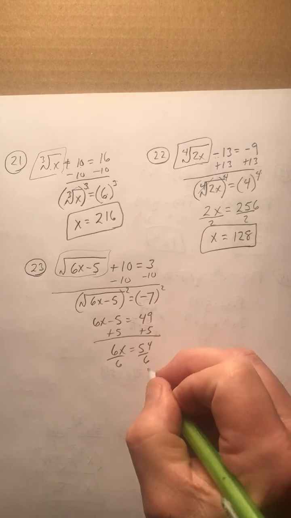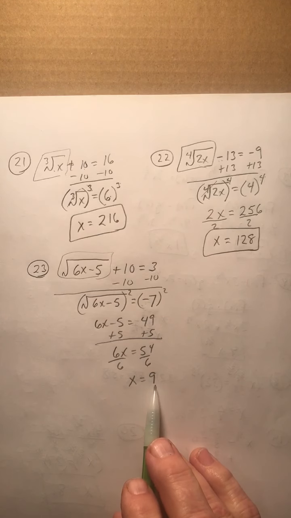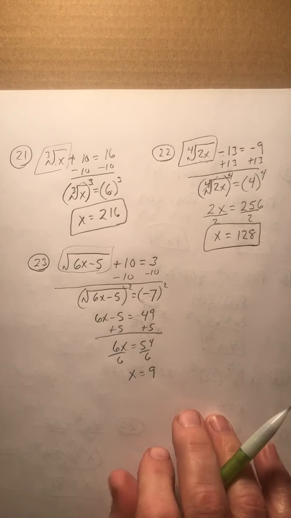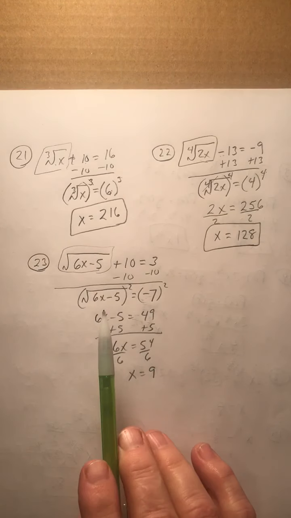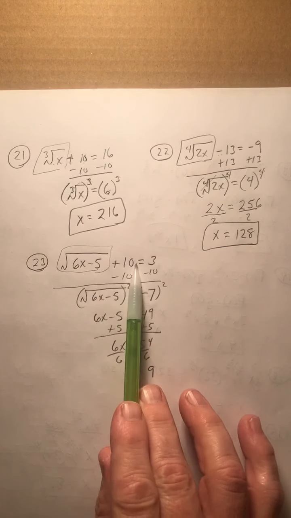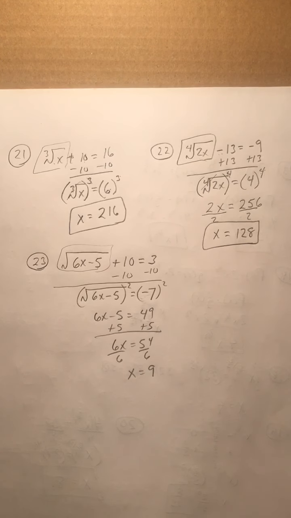Divide by 6, and you get x equals 9. But you're going to find that that 9 is an extraneous solution. If you put it back in there, it's not going to work, because it won't make this side equal to 3. So just remember you have extraneous solutions on this. All right, so that was 23.